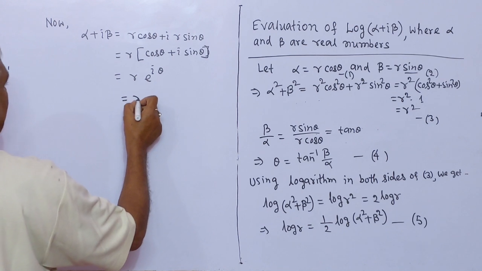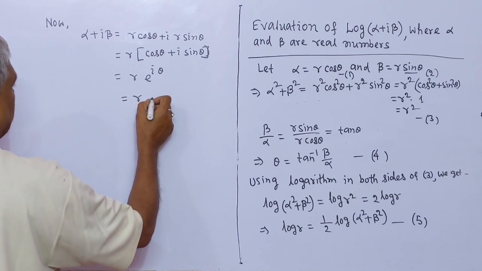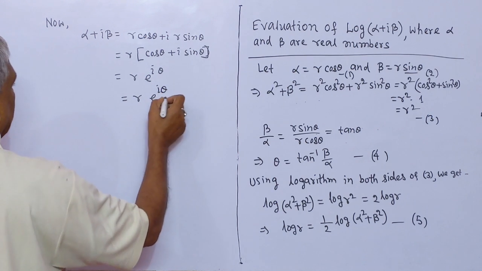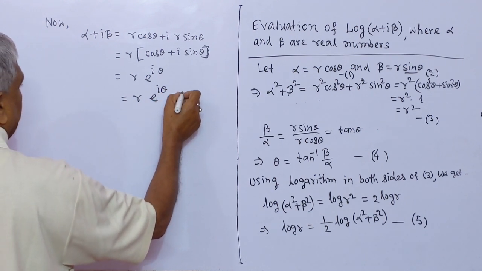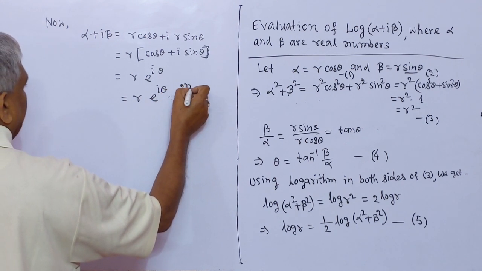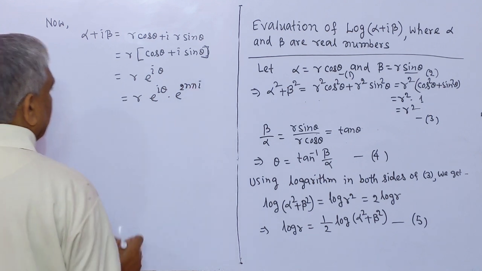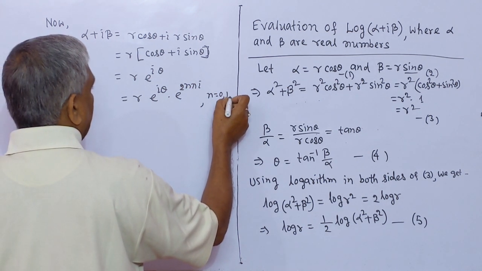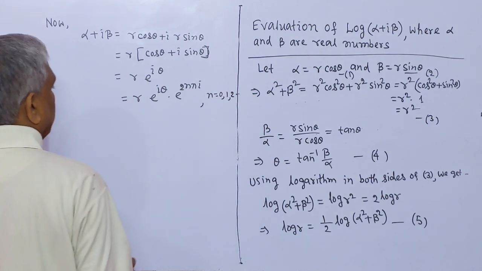This is equal to r e to the power i theta multiplied by e to the power 2n pi i, n equal to 0, 1, 2, and so on.